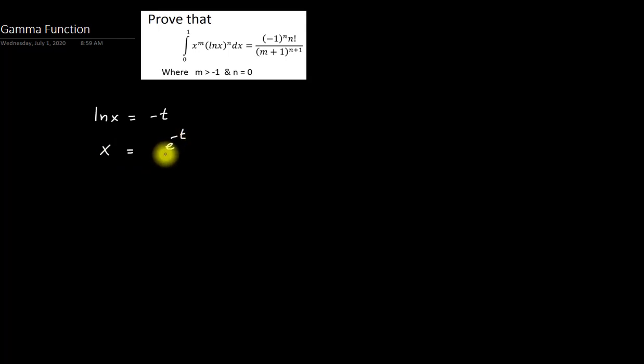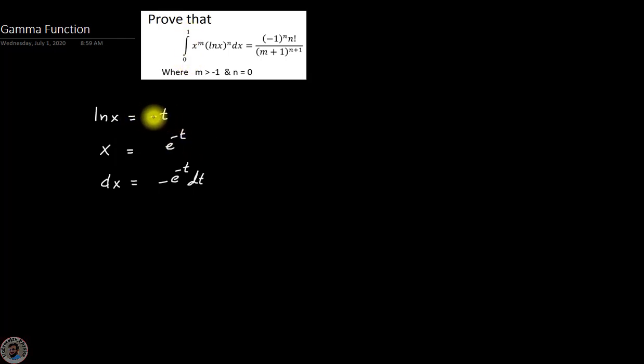Now I have to find the value of dx by differentiating this equation. So dx will become equal to minus e to the power minus t dt. And also I have to change the limits. The limits are 0 and 1.